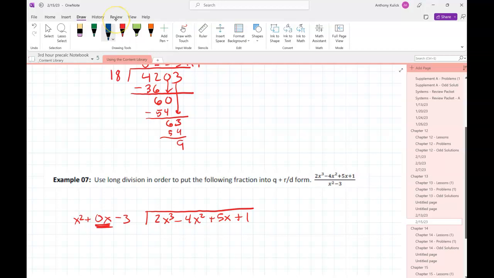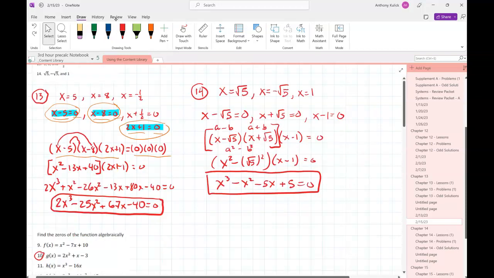All right. So now I'm going to ask myself, what times x squared gives me 2x cubed? 2x.